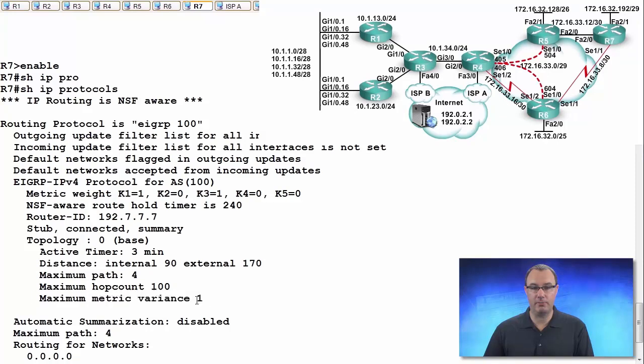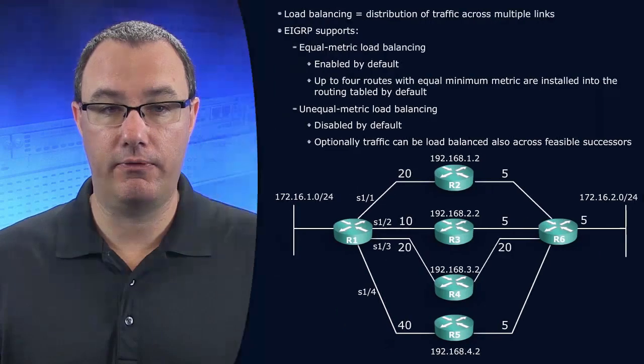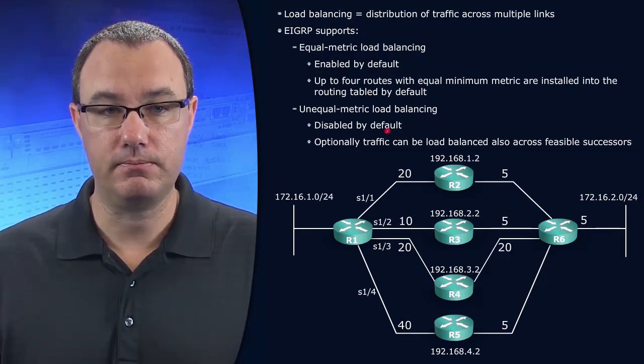Now, do not be mistaken or misled by the value of 1. 1 means there needs to be a 1-to-1 ratio of metrics of successors to everything else that it will use. A 1-to-1 ratio means equal. So in order for this feature to be used, the unequal load balancing feature, the variance has to be upped. You can up it to 2 or more.